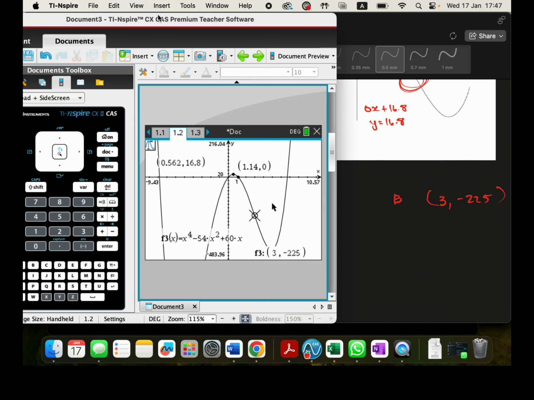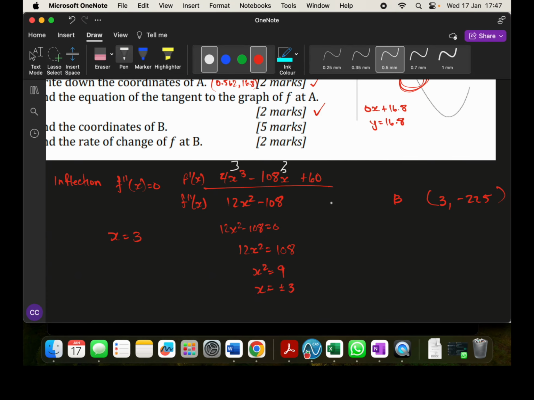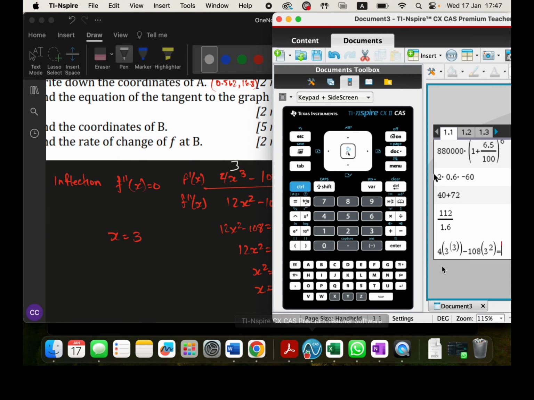So if I did that, let's go back to a calculator page. So I've got 4 times 3 to the third, minus 108 times 3 squared plus 60.